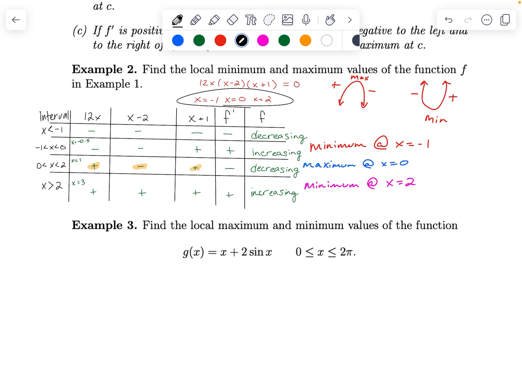So I should have, if I take the derivative of x plus 2 sine x, I'm going to get g prime equals 1 plus 2 cosine x, first times the derivative of the second, plus the second times the derivative of the first, which is 0. So it should be 1 plus 2 cosine x.